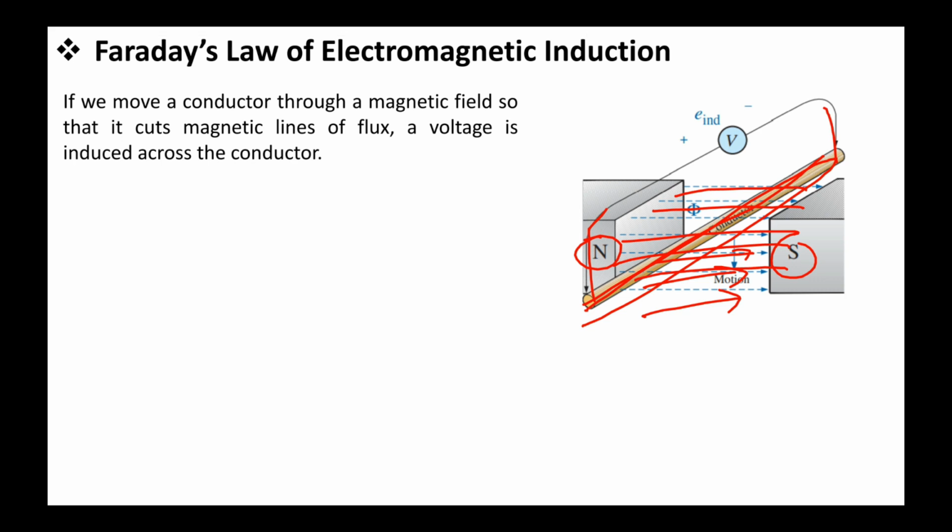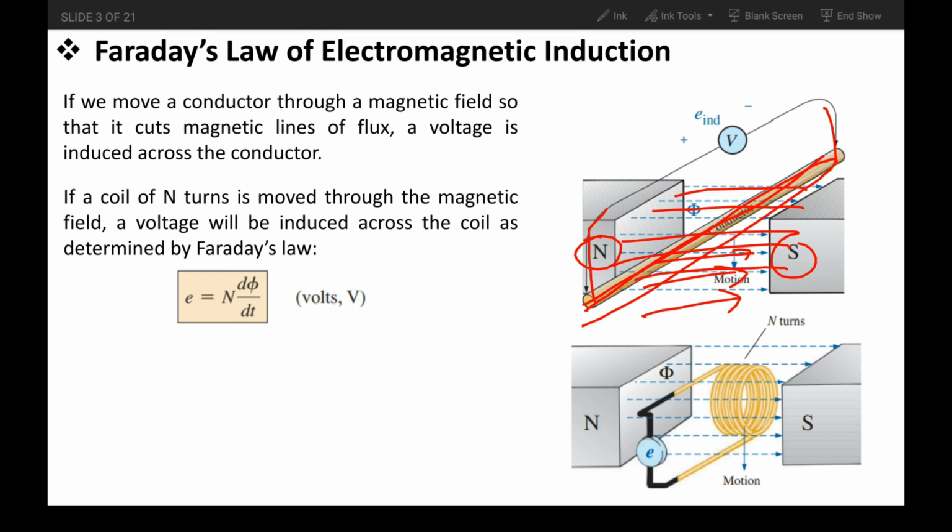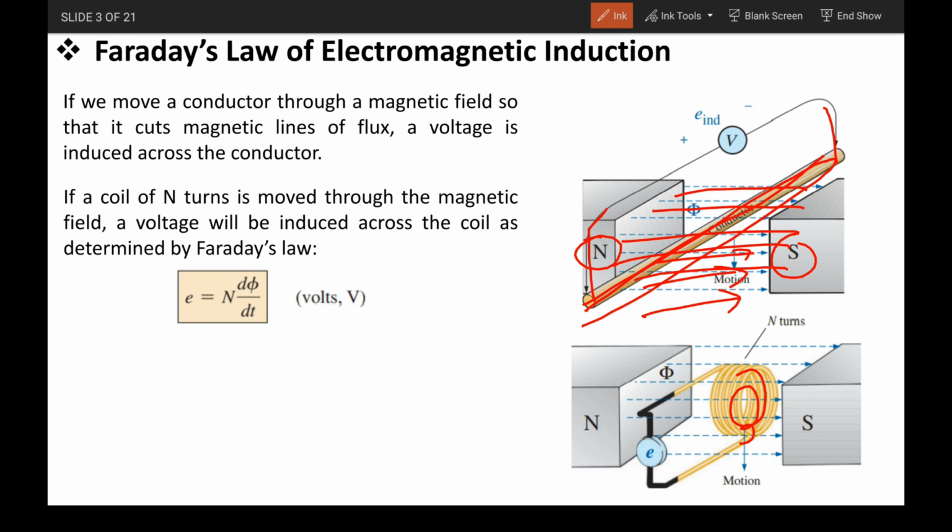So if, for example, we have N turns of coil placed in a magnetic field and there is a relative motion, then the induced voltage according to Faraday's law is E equal to N d phi over dt. That means the change of flux with respect to time.